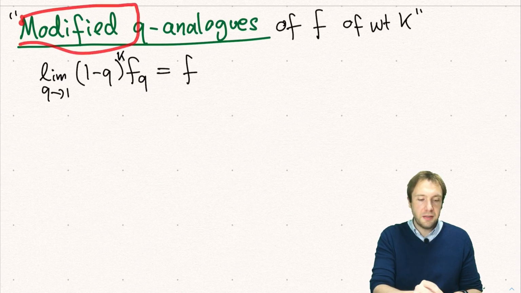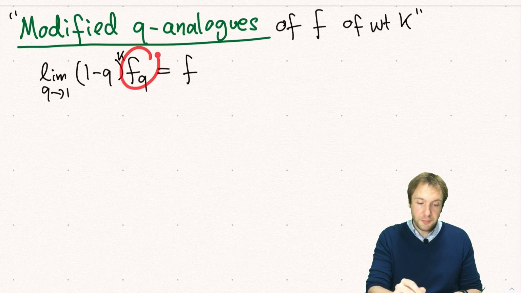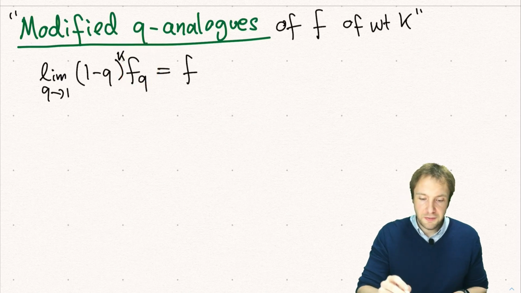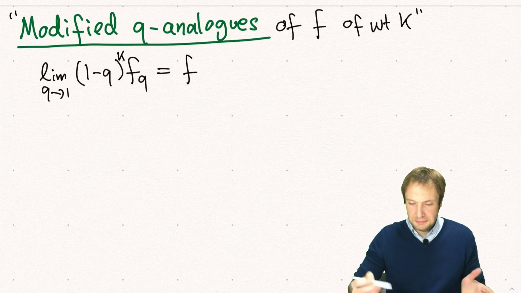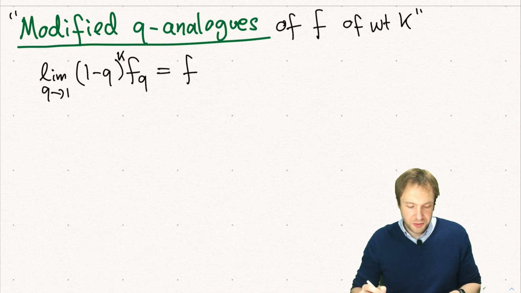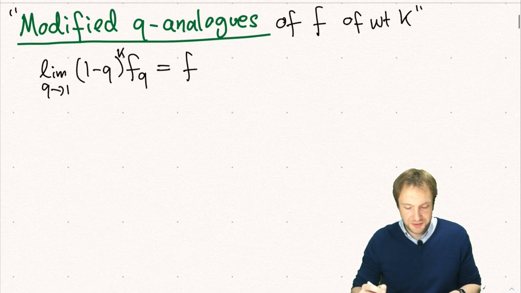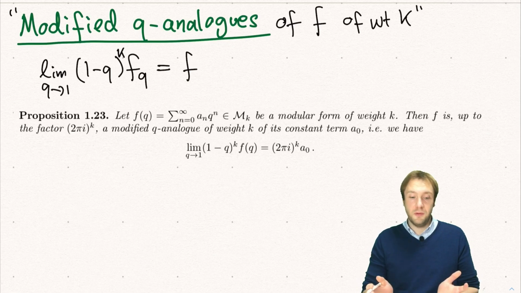So this modified just means that we do not include this factor 1 minus q in the definition of f_q. Well, but why should we be interested in this object? Well, one example is that, for example, modular forms are modified q-analogues.